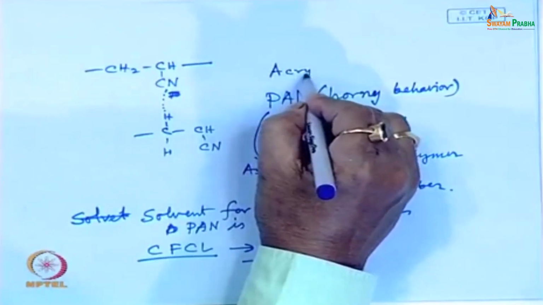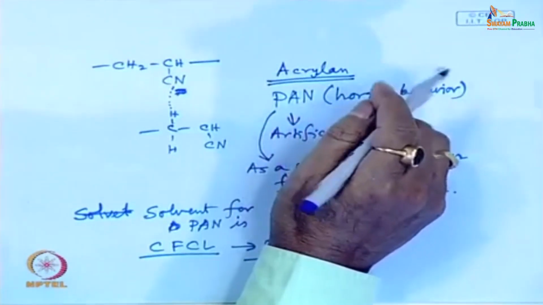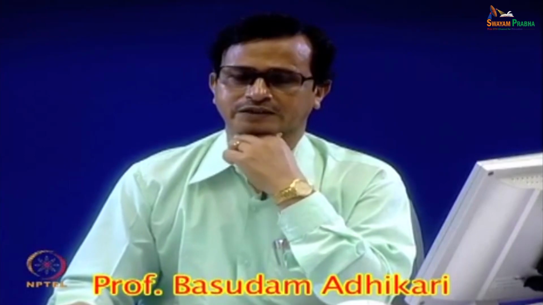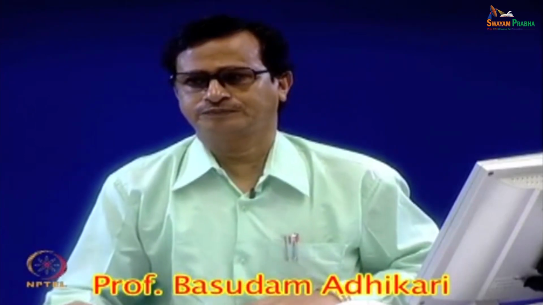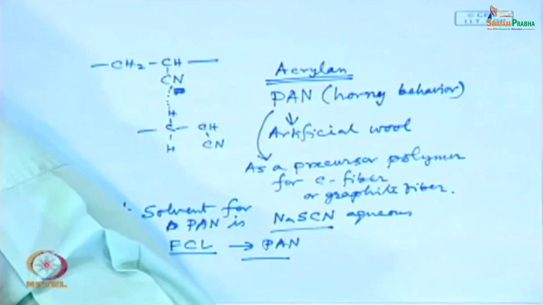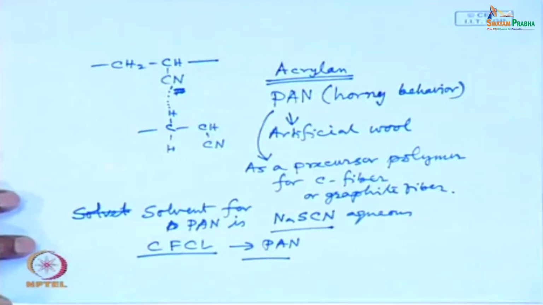In the market we get it by the name of what is that called? Acrylic fiber, these are PAN fibers. Acrylic fibers are PAN fibers. So, in this PAN fiber we find there is extensive hydrogen bonding between this nitrogen and hydrogen.